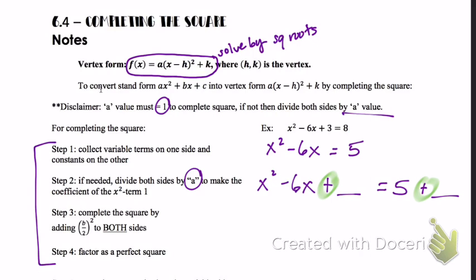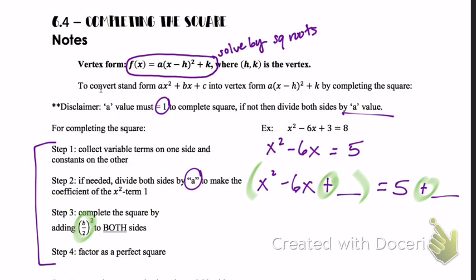And so what you are trying to do, the goal, is to write the stuff on the left so that you can factor it and it becomes a perfect square. The way that you do that is you add b over 2 squared to both sides.